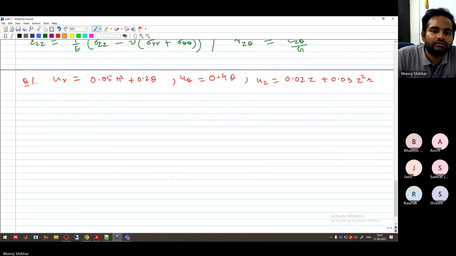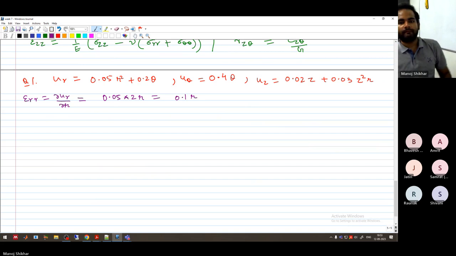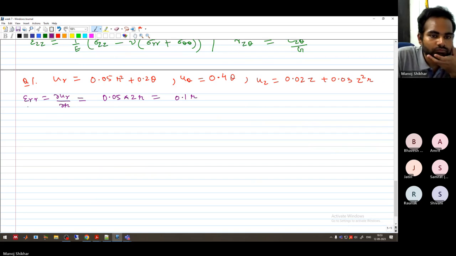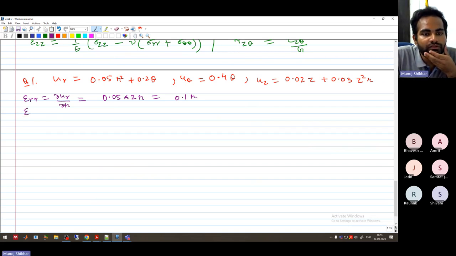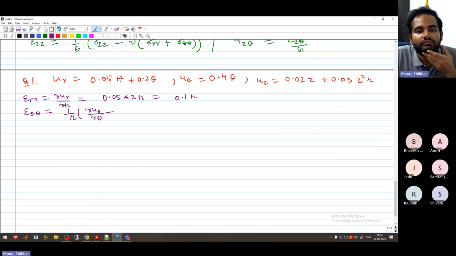First is epsilon R, which is del U R upon del R. So this will be 0.05 into 2 R, which is 0.1 R. Epsilon theta theta is 1 by R del U theta by del theta plus UR.